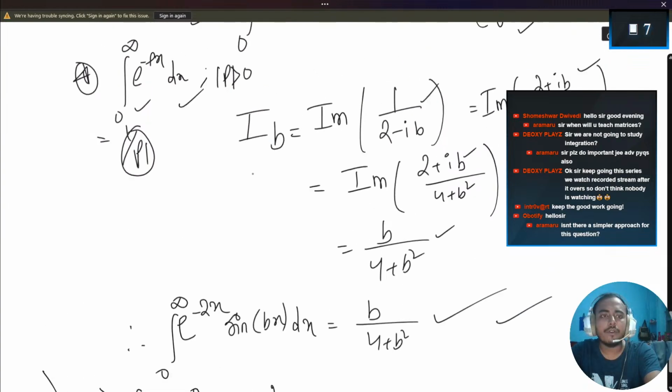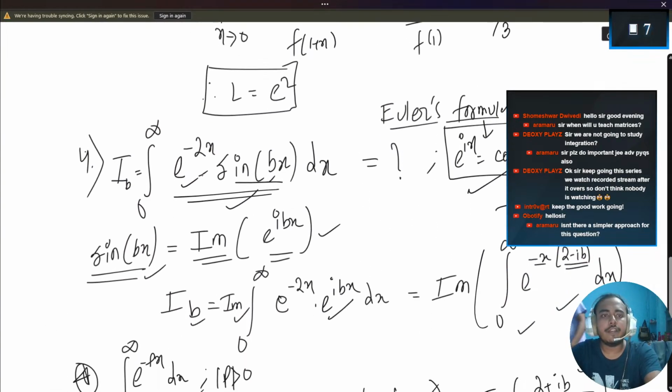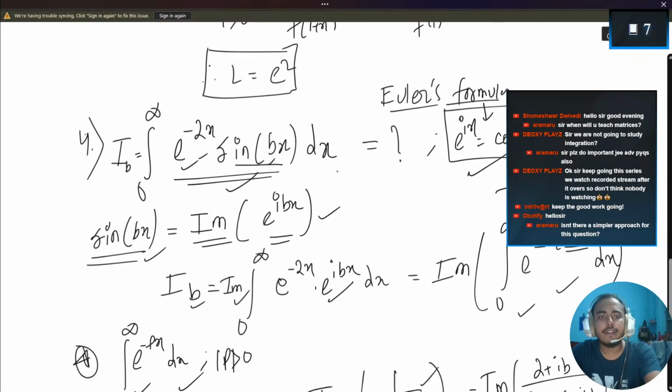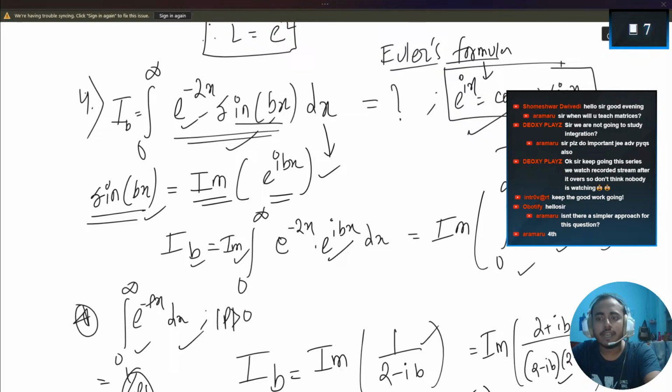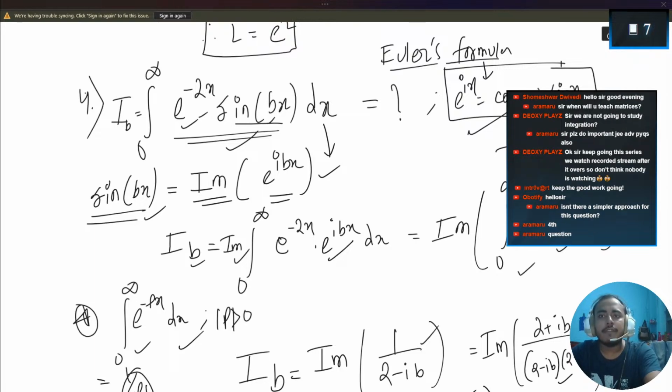For number 4, e to the power minus 2x sine of bx dx, this is the simplest approach, and there are no simpler approaches than this, because this integral can otherwise be solved by reduction formulas, where you have to do integration by parts twice. You can do the indefinite of this one. But once you apply the e to the power ibx formula, you can directly get your answer. So this is a very standard hack in integrations where you have sin x there.